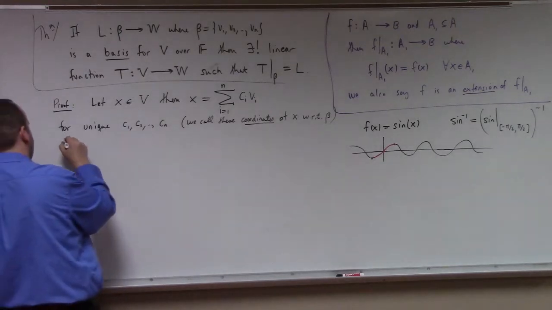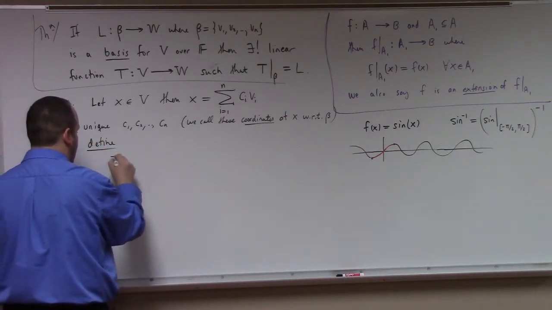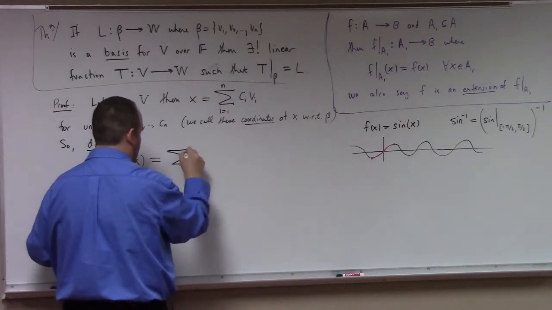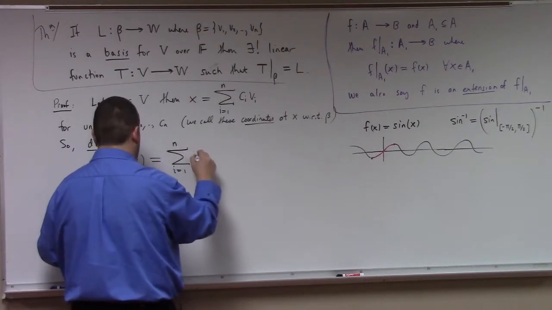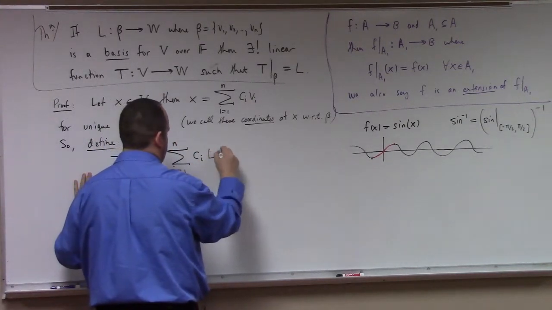So define T of x equal to the sum, i equals 1 to n, of Ci L of Vi.